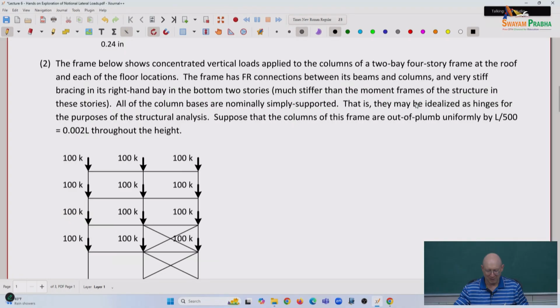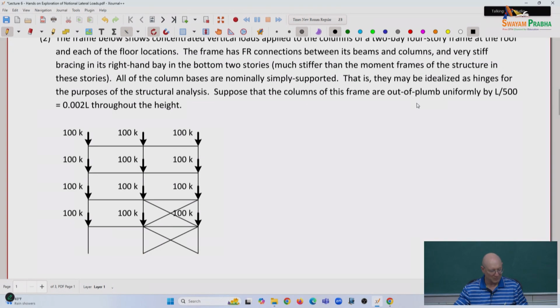Now, here's a little hypothetical with another frame, something to represent a frame with 4 stories, 2 bays, and suppose that we've got bracing in the 2 bays on the right in the bottom 2 stories of the frame.